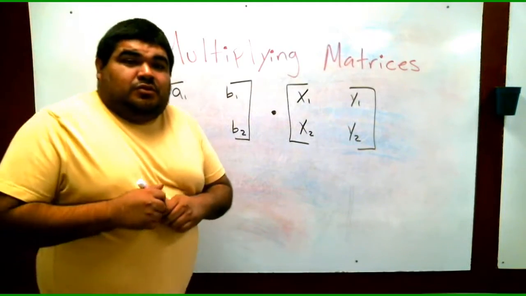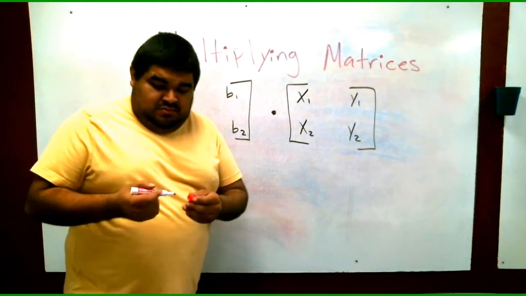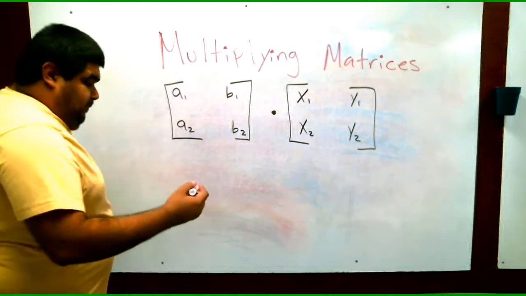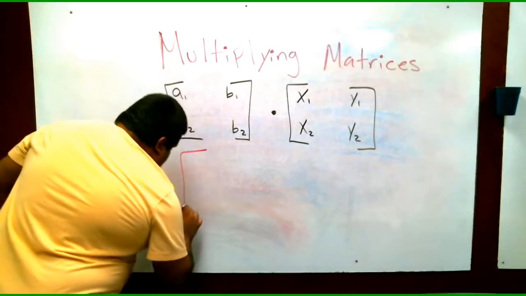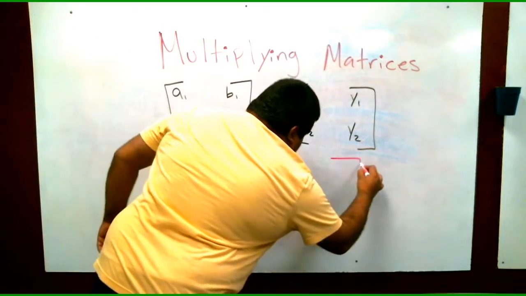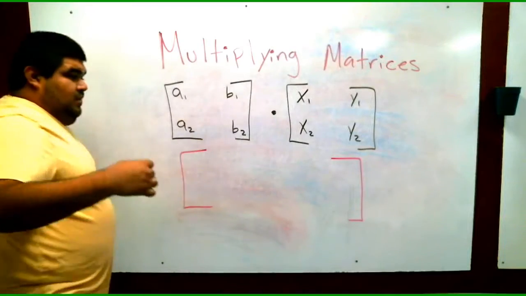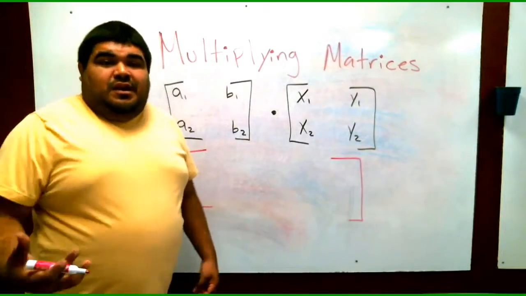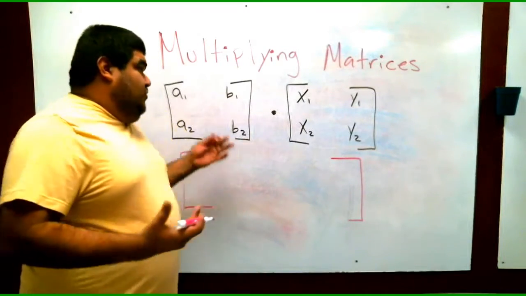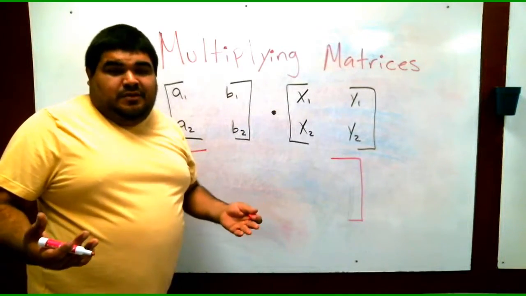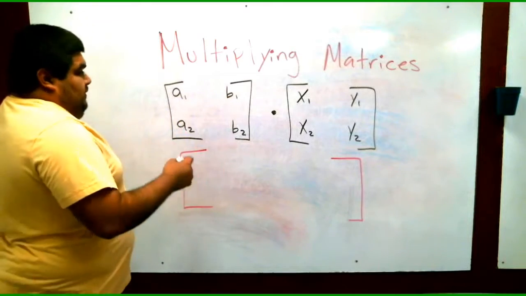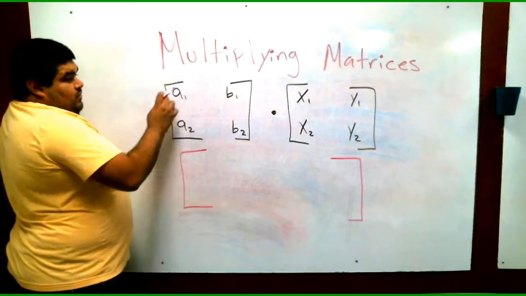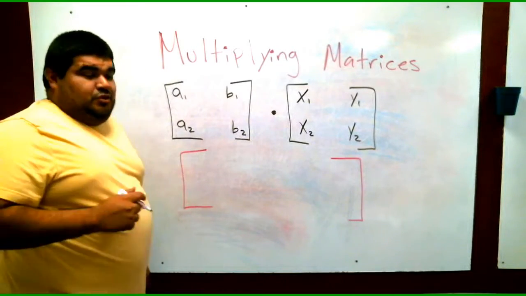When it comes to multiplying matrices, there's a way for it to all work together. I'm going to write the whole equation and break it down once you multiply both of them together. The rule is you multiply the first number in your upper left quadrant.